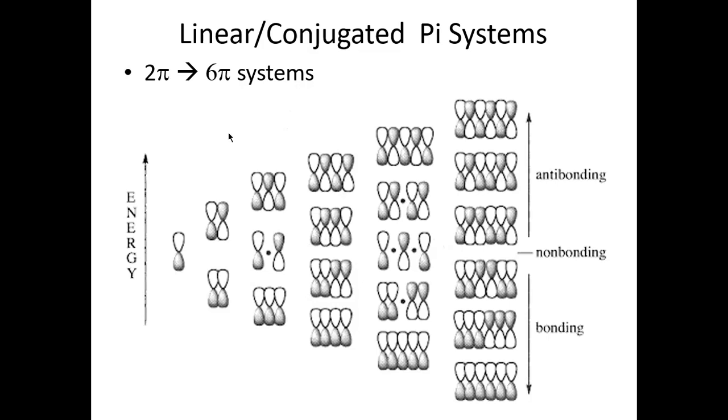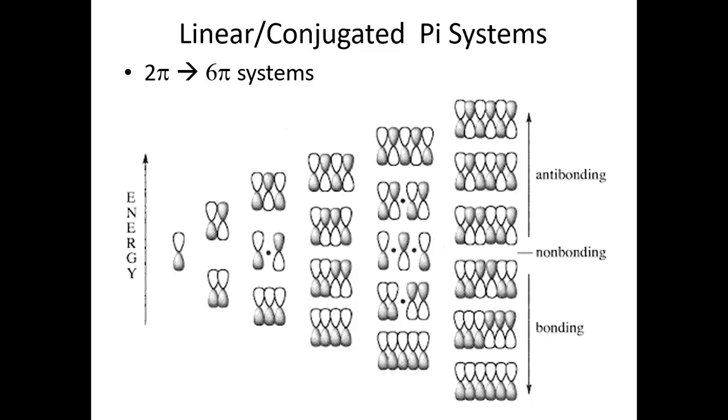So for a 2 pi system, depicted right here, you have two p orbitals overlapping. That's going to create two molecular orbitals. Each one of these is what we call a molecular orbital. If you took my organic 2 class, you probably remember all of this, or at least vaguely remember it.